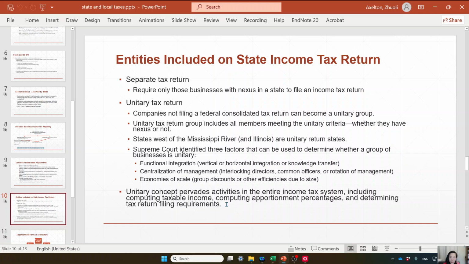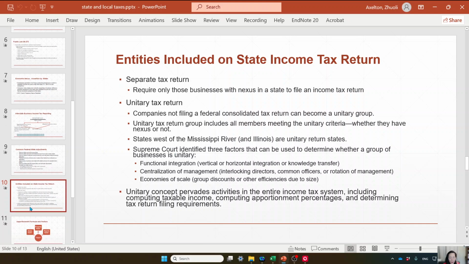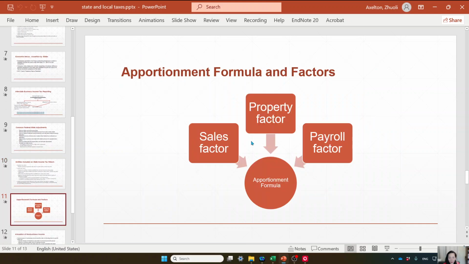For us, the calculation we're going to do is either at a separate tax return level or a unitary tax return level. The rules on which businesses should file as unitary are beyond the scope of the text, so this is just for our information.